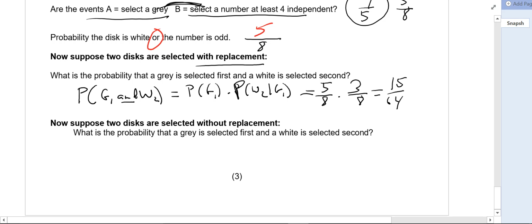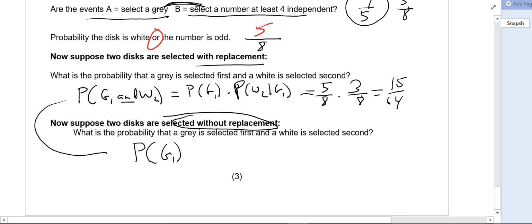Now we're going to assume that we do not put the disc back. So we're asking the same question here, but we do not put the disc back. So once again, our formula is going to be the probability of a gray first times the probability of a white second given gray first.